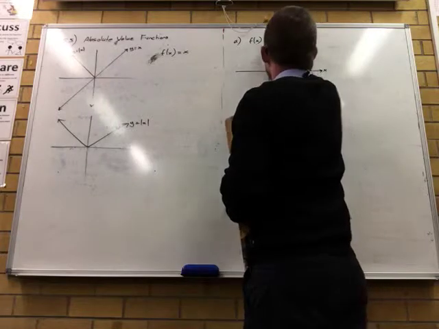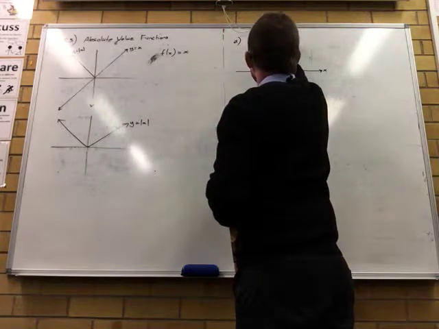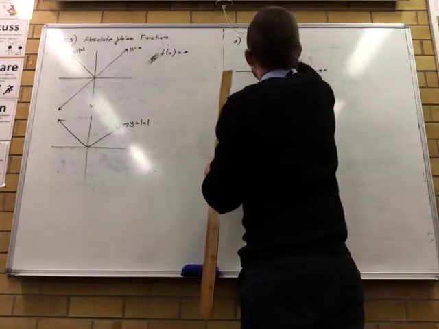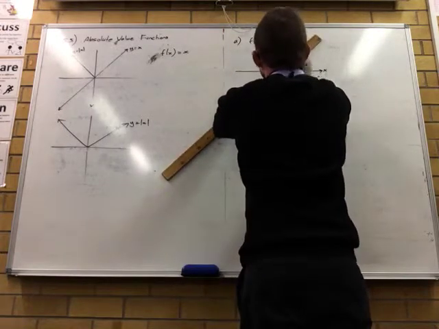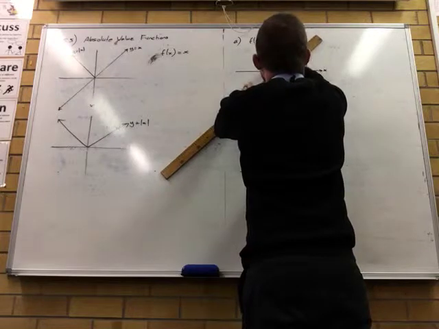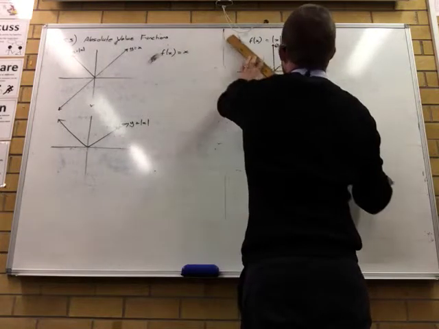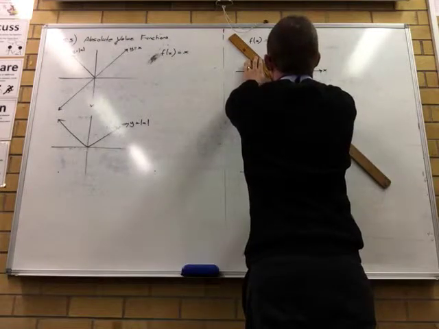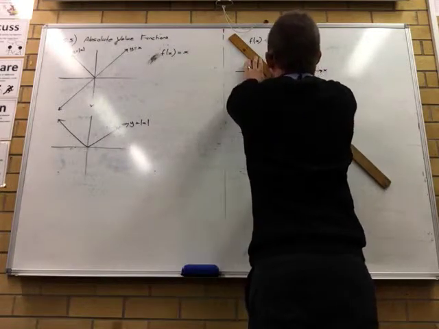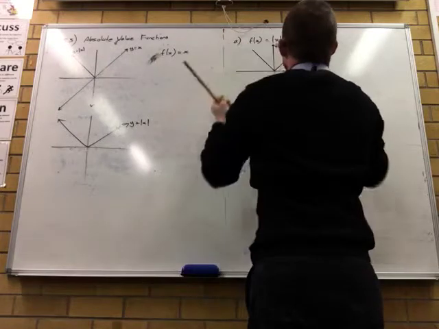Alright, so the absolute value graphs are V-shaped. But make sure what you have on either side of the y-axis is symmetrical as well, because there is symmetry involved.